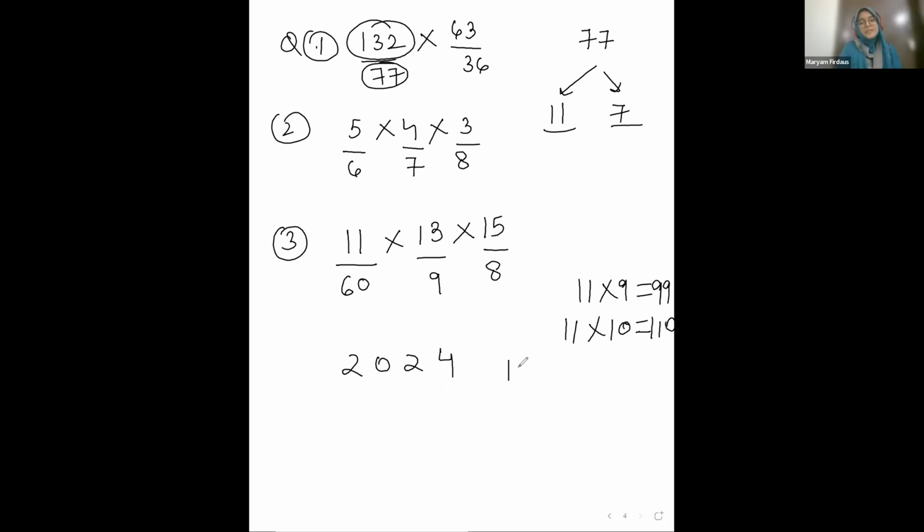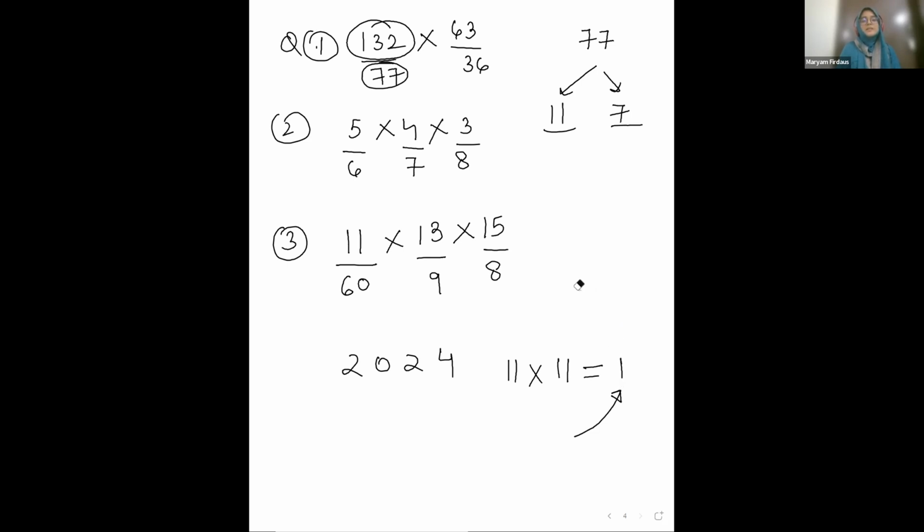And what are 11 elevens? 121. How will you decide whether the numbers are the same? Over here, they're not the same, so that's not our judging criteria.